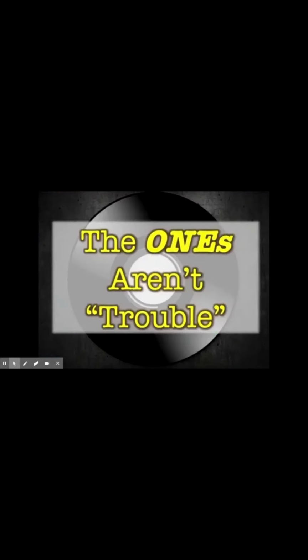Times 1 is 0, times 2 is 0, times 3 is 0, times 4 is 0, times 5 is 0, times 6 is 0, times 7 is 0, times 8 is 0, times 9 is 0, times 10 is 0, times 11 is 0, times 12 is 0.